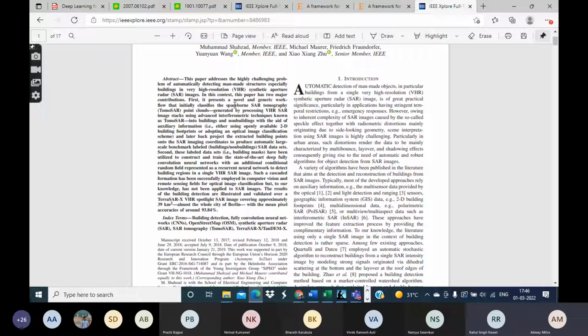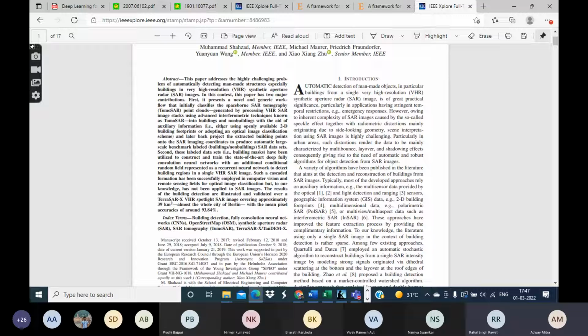First, it presents a novel and generic workflow that initially classifies the spaceborne SAR tomographic point clouds generated by these images. This is more to do with the processing of the images and less about the interpretation.